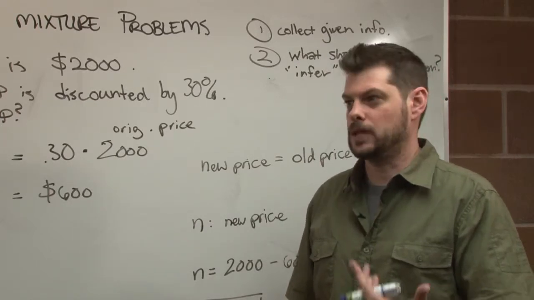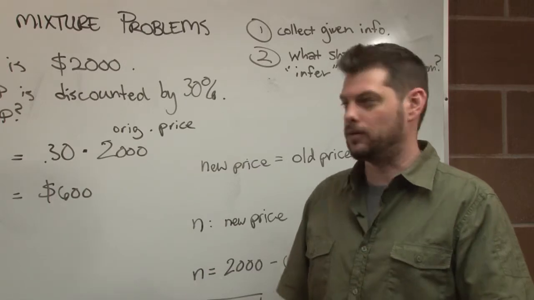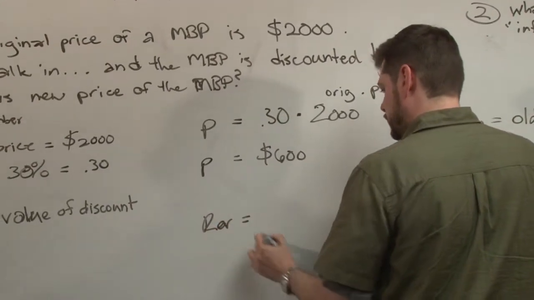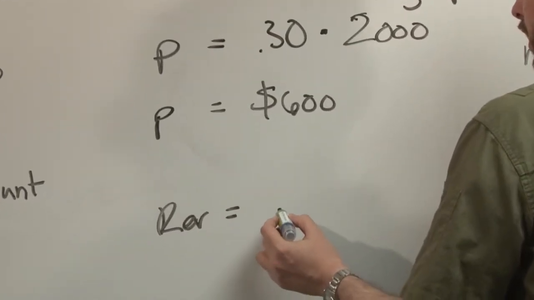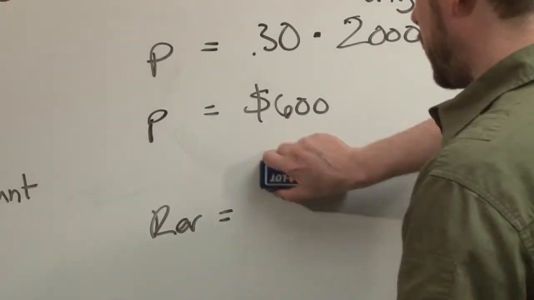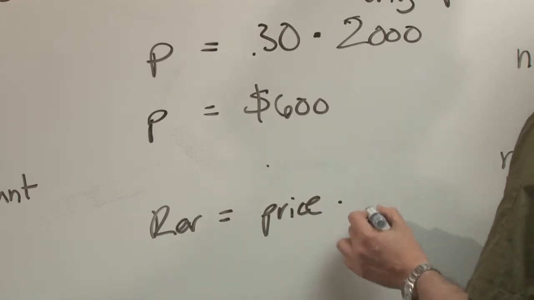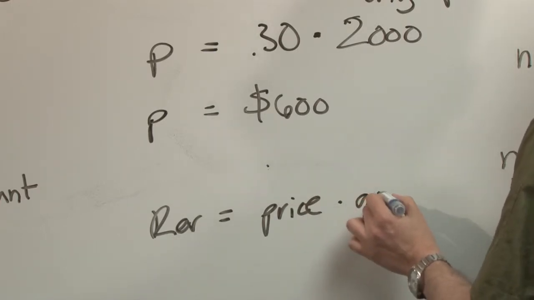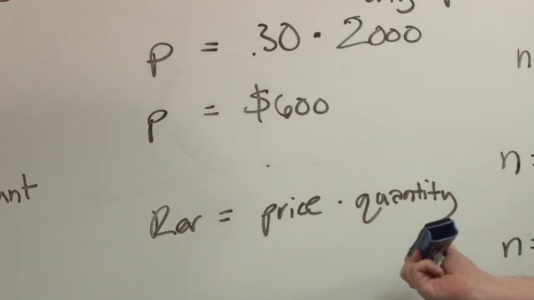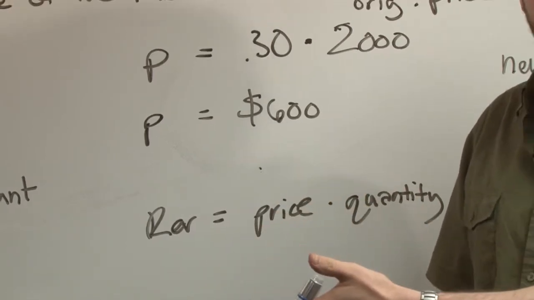There'll be some abstract relationship like revenue equals the price of your product, how much you charge per unit, times the number of sales, so the quantity of sales that you make. And you'll see these setups where in class you'll be like, oh yeah, this is the way that we think about revenue and price.